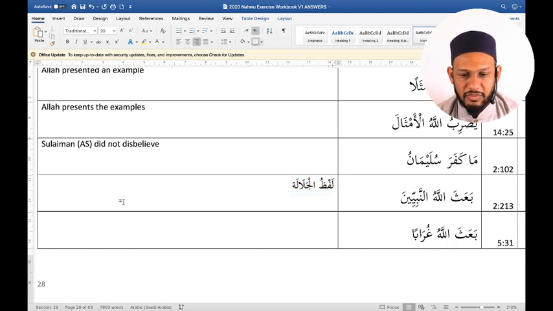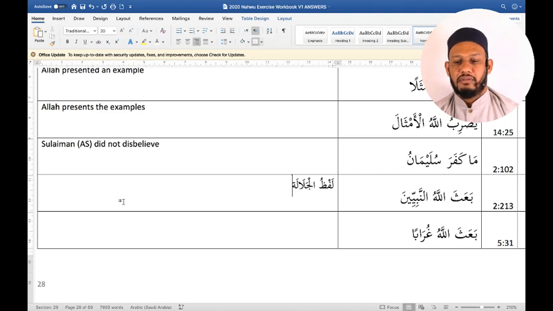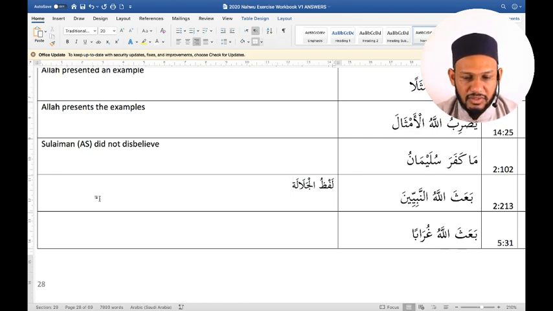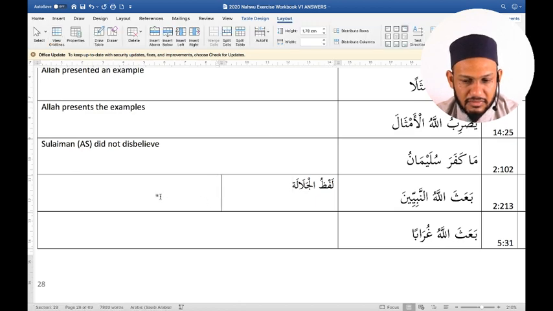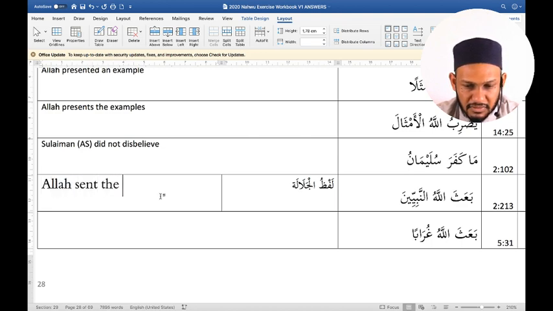Okay, so I would say ba'atha, the verb, then the word Allah, lafzul jalala, is the fa'il. I'm just saying that lafz means utterance, word, and jalala means magnificent. So that magnificent word Allah is the fa'il, and nabiyyin is the maf'ulun bihi. So I'm going to say here, Allah sent the prophets.